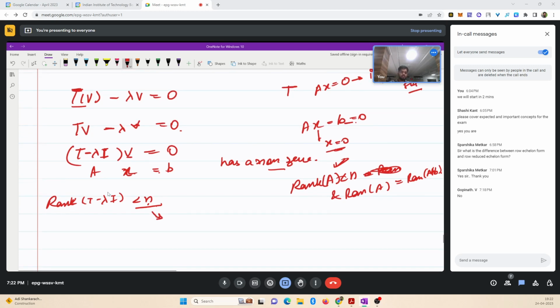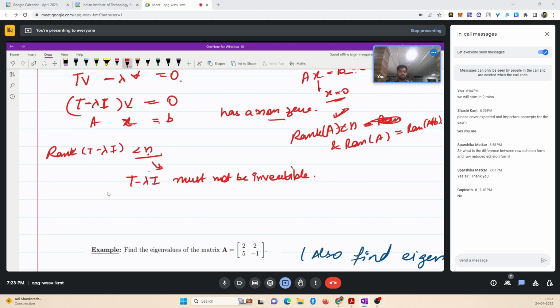That T minus lambda I must not be invertible. Okay. When is a matrix not invertible? If determinant of T minus lambda I is equal to 0, then this is not invertible. Okay.